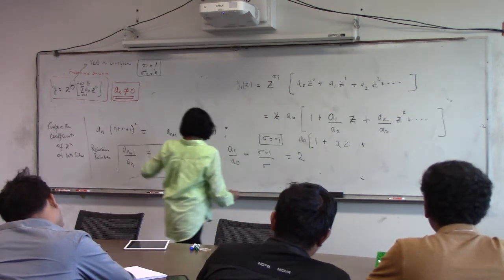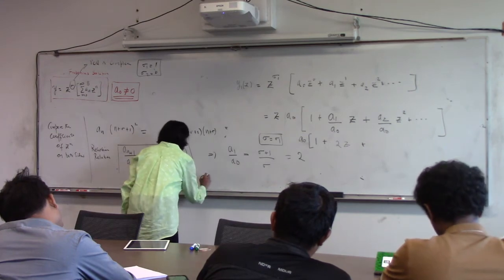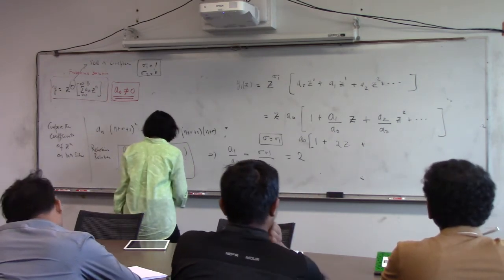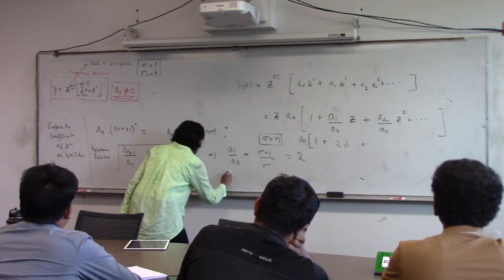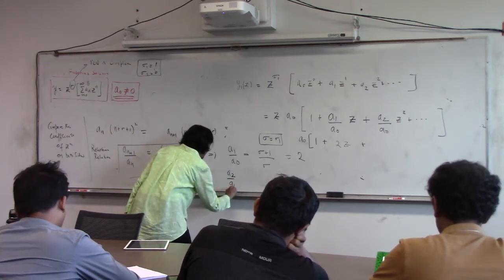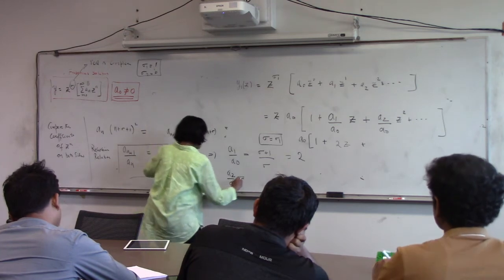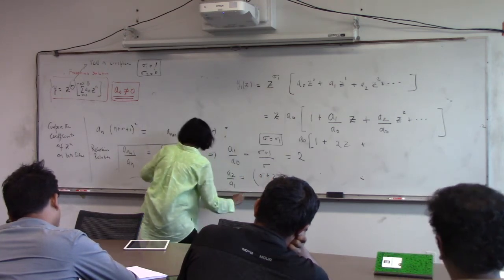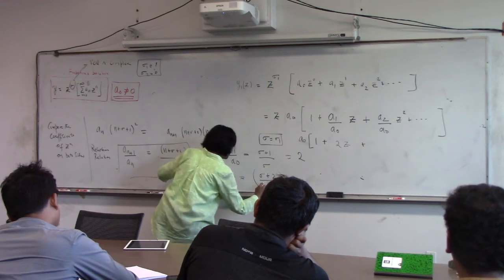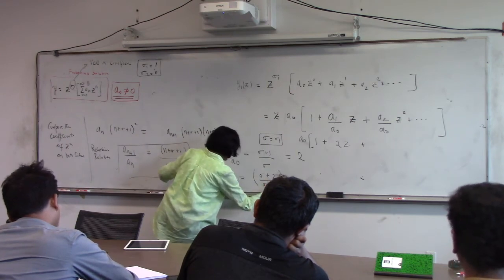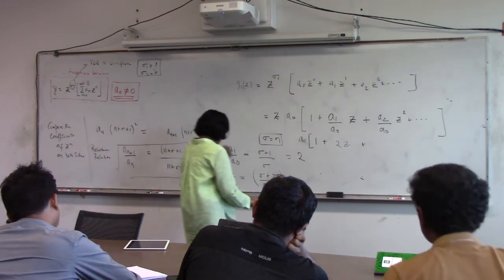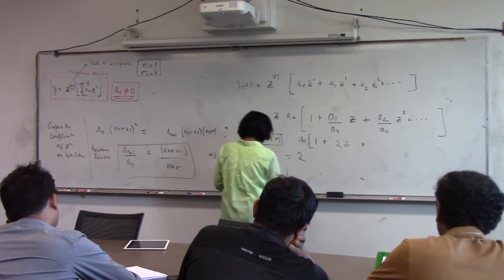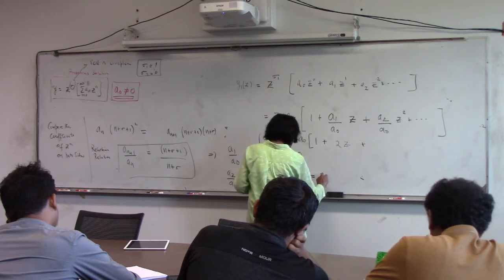The next term we get is n equal to 1, which gives me a2 over a1, sigma plus 2 over sigma plus 1. For sigma 1 equal to 1, that is 3 over 2.